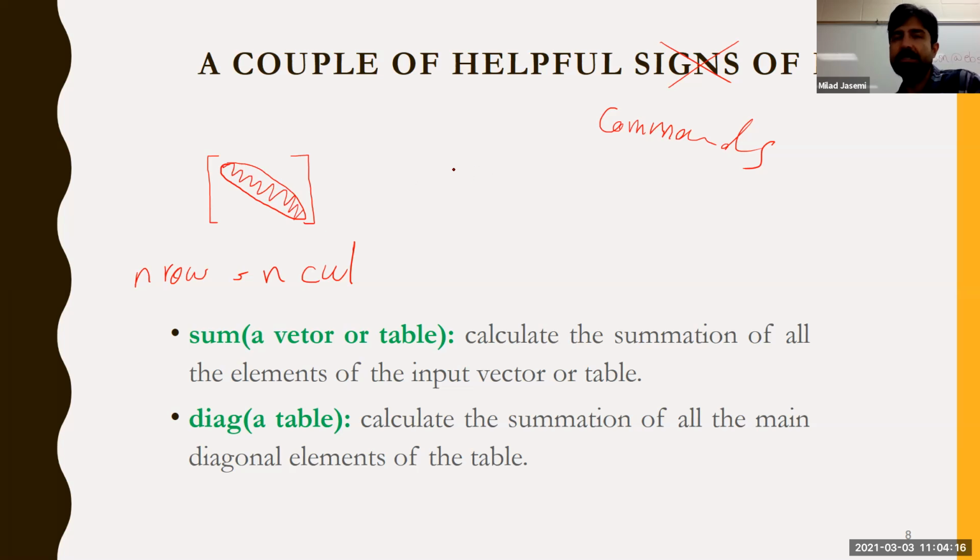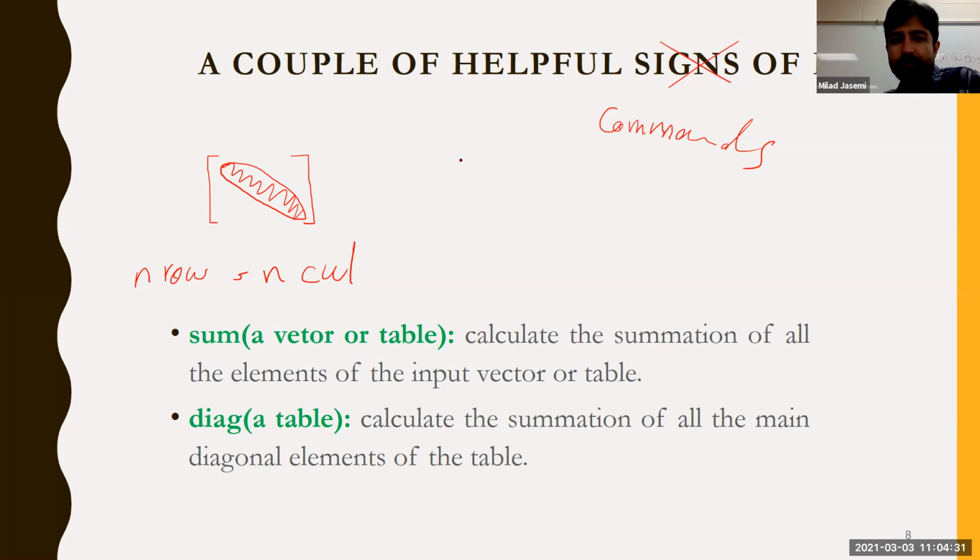It's very helpful because usually specific data are located on the diagonal of the table.